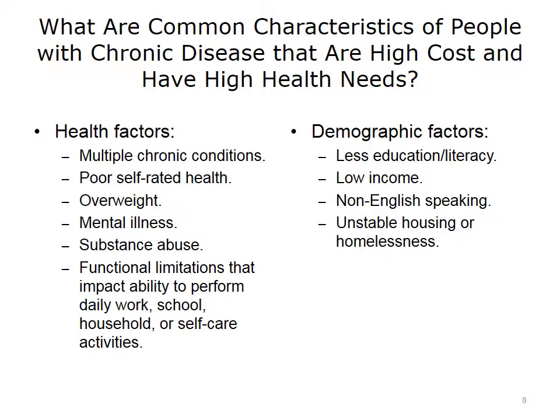Often, they know that they are not as healthy as they could be, given their heart failure or cardiac disease or other chronic diseases. Often, these patients are overweight, have diagnoses of mental illness and substance abuse, or have functional limitations that impact their ability to go to work, go to school, maintain their household, or other self-care activities.